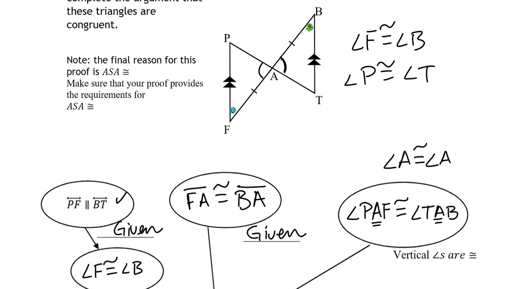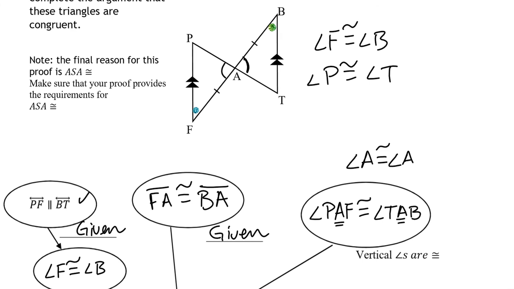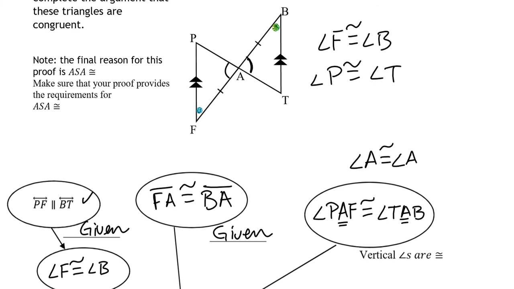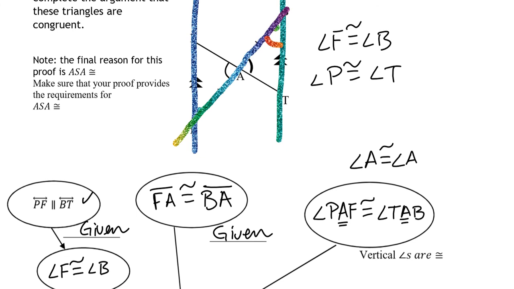When I look at vertex F and B, there's only one angle there, right? So there's no ambiguity, so I could refer to the one as F and the one as B, and that's perfectly fine. So I just have angle F and angle B, and they are alternate interior angles when these parallel lines, here they are parallel lines, cut by this transversal, and you can see that's alternate interior, that's alternate interior. So they exactly fit that.